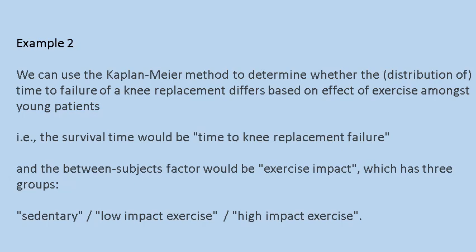The between subjects factor would be exercise impact, which has 3 different groups: sedentary, low impact exercise, and high impact exercise. So these are the 2 different examples for Kaplan Meier analysis.